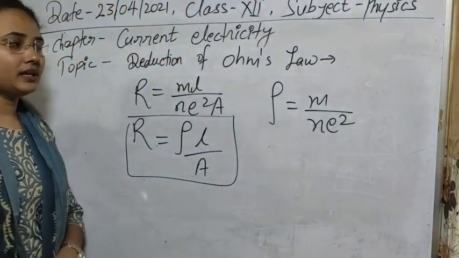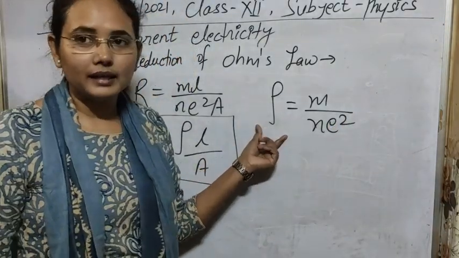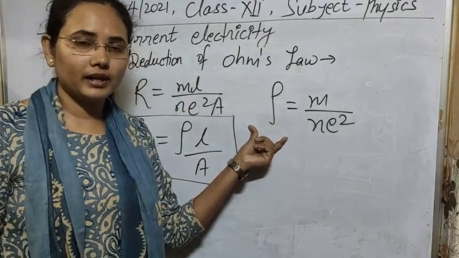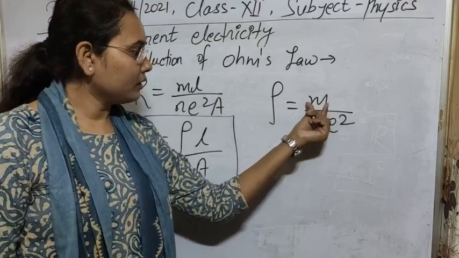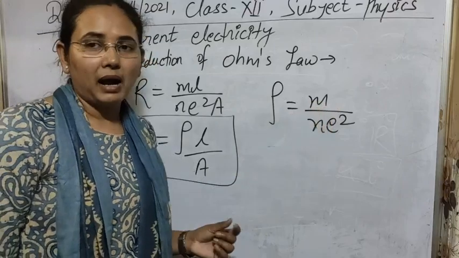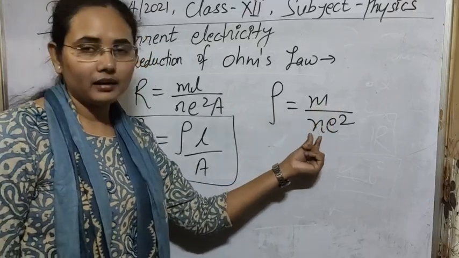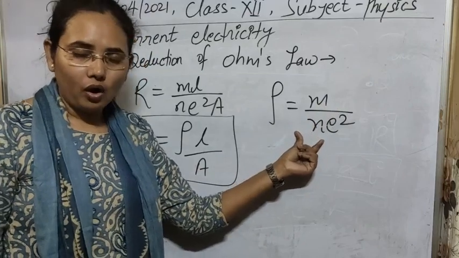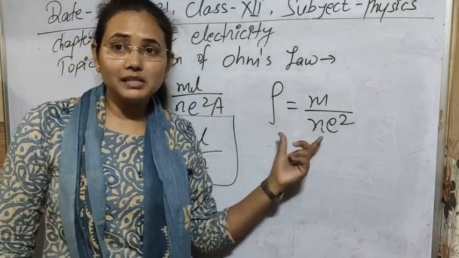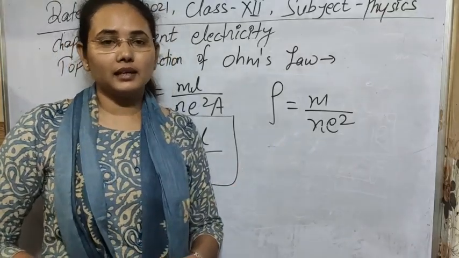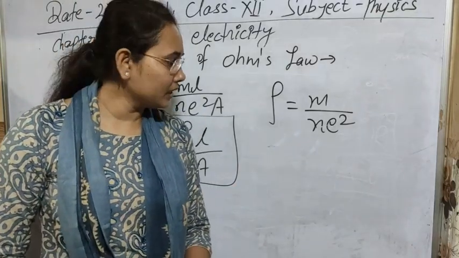So from here you can see that, as I have told you already, resistivity is a fundamental property of any conductor. It means that these three quantities, mass, electronic charge, and number density of electrons, are all fundamental to the conductor, meaning how many charges are in the conductor is also its fundamental property.